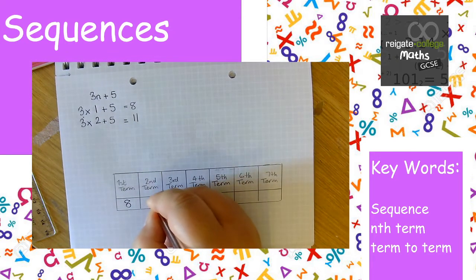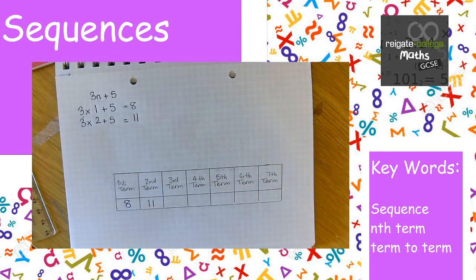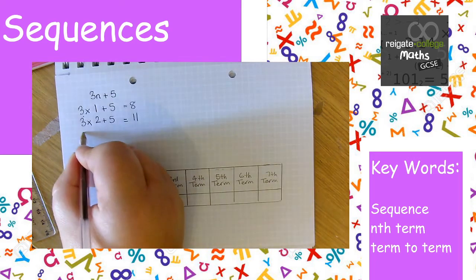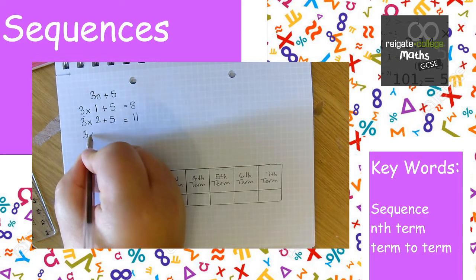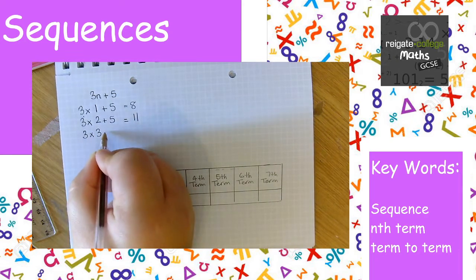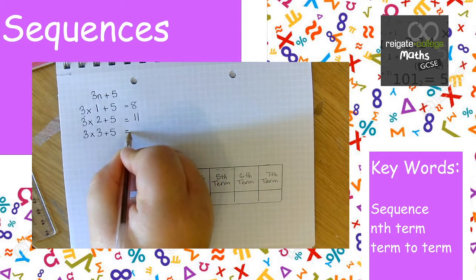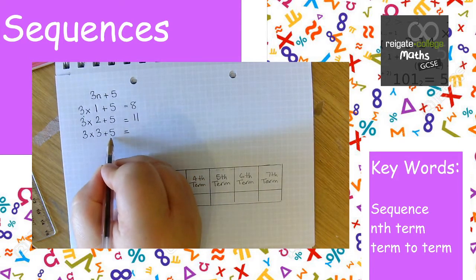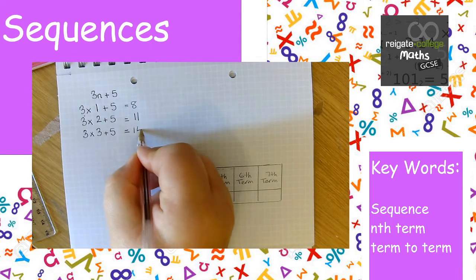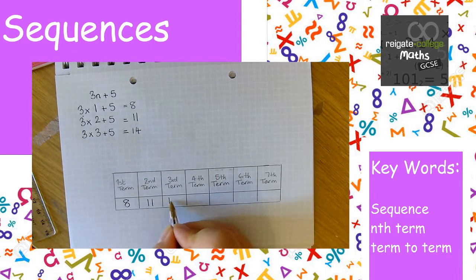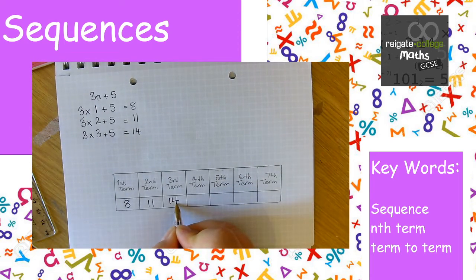My second term is 11. The third term, the value I'm giving to n is 3. So I have 3 times 3 plus 5. 3 times 3 is 9 plus 5 is 14. My third term is 14.